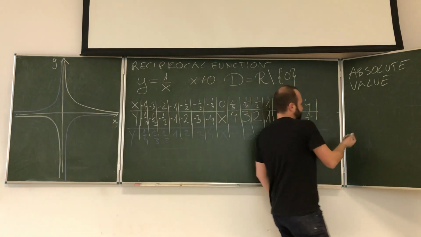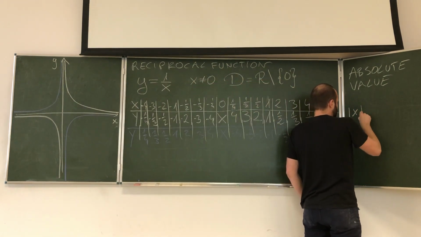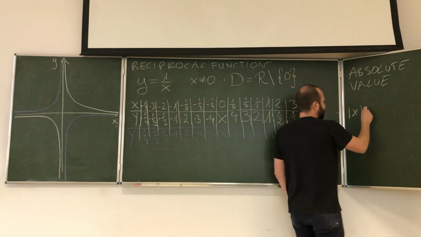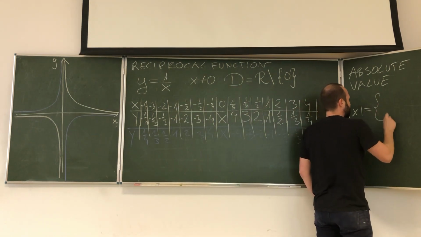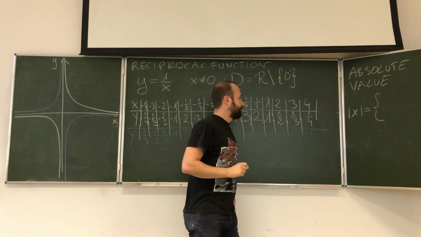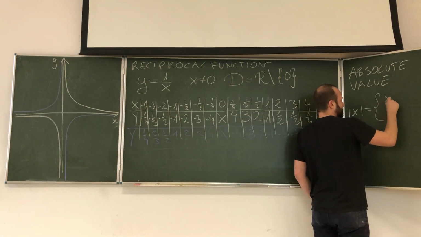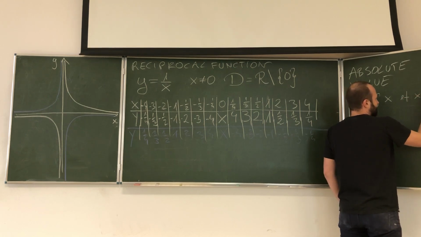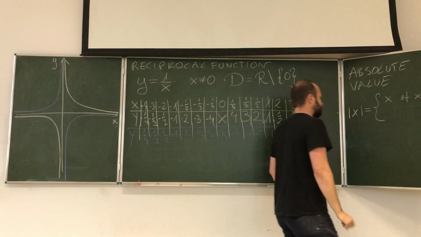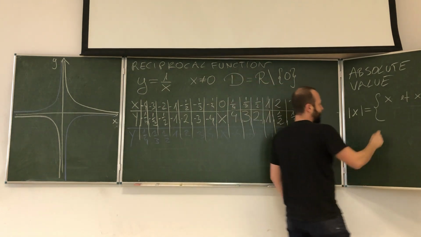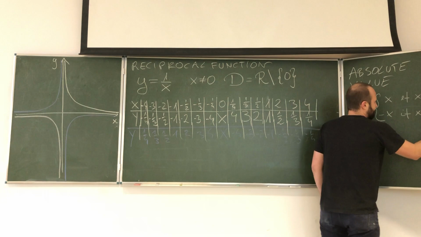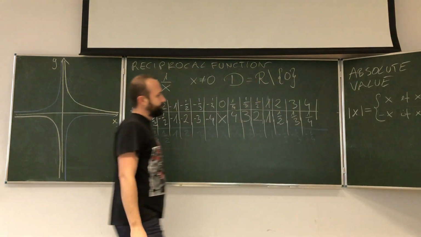We write it as 2 bars and x in between, and this function is equal to x if x is bigger or equal to 0, or negative x if x is smaller than 0.